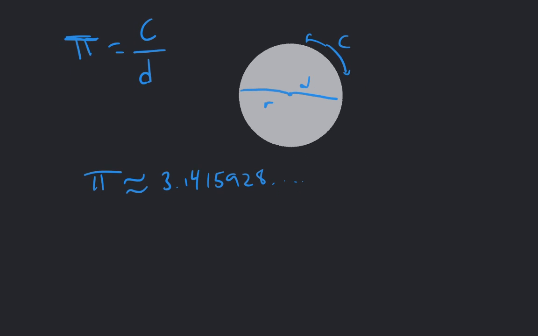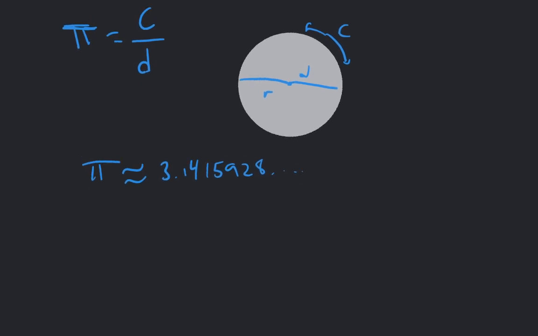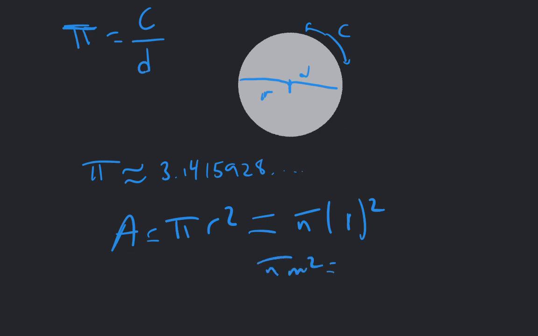It shows up all over the place. One very specific example would be to find the area of this circle. So how much area does this take up? And the area would be pi r squared. And if you just have, let's say, the radius now is just 1 meter, that would just be pi meters squared, or 3.14 meters squared.